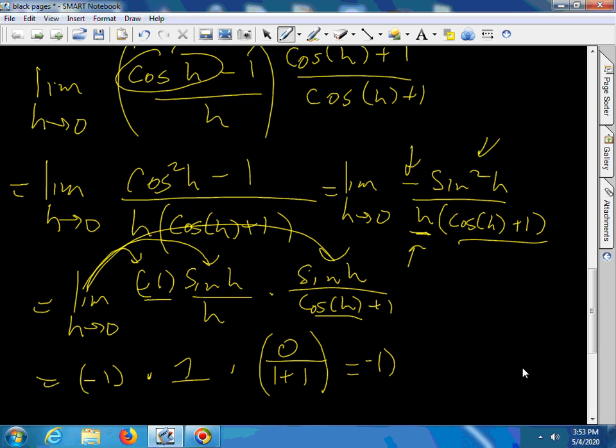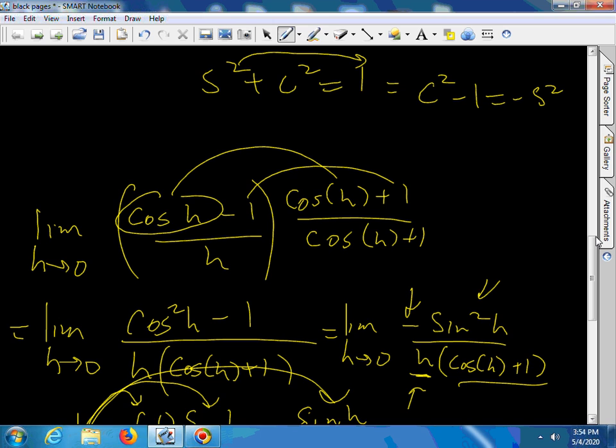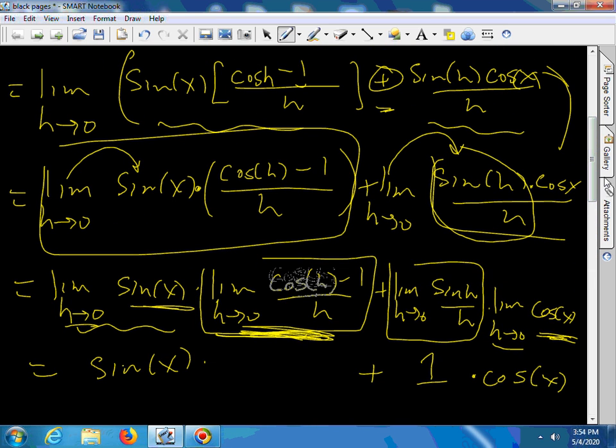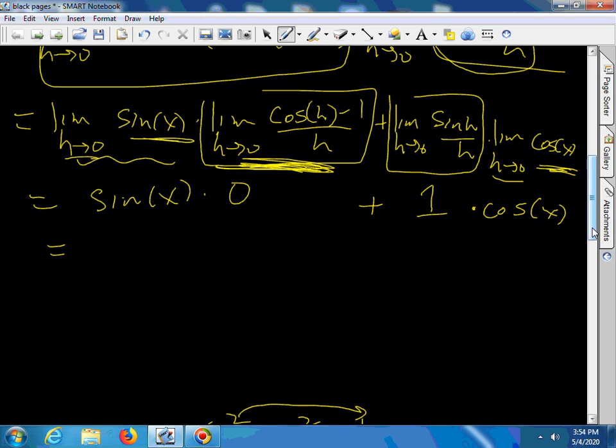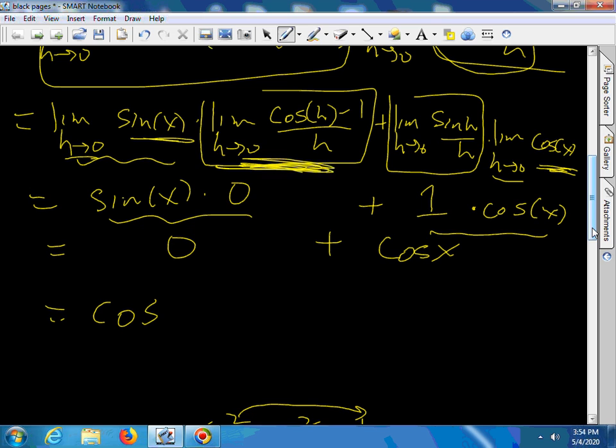So we have negative 1 times 0, which is 0. Okay, so this limit right here is 0. Times 0. And then we get this is 0 plus this is cosine of x, and 0 plus cosine x is cosine x. And there's the derivation for the derivative of sine x.